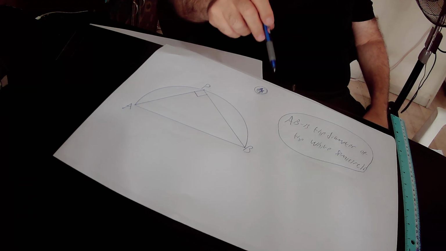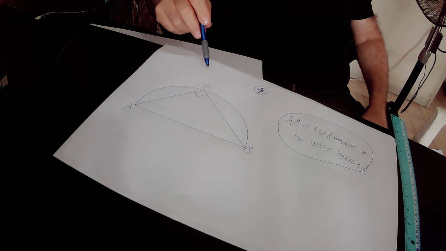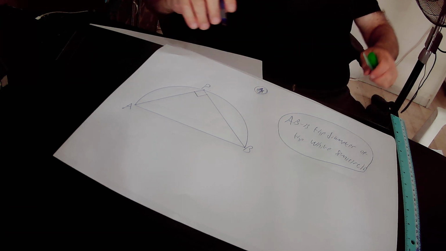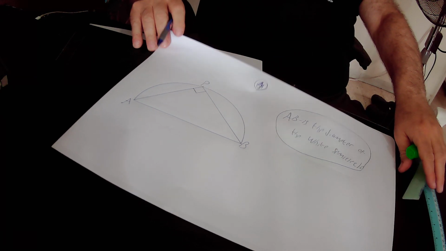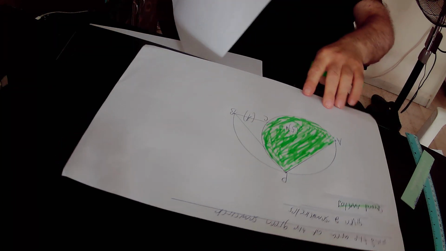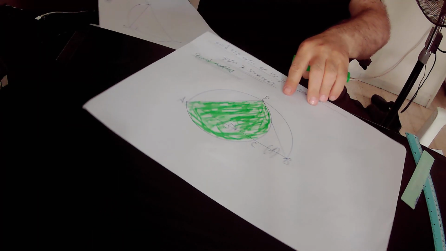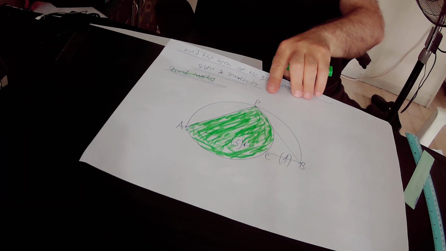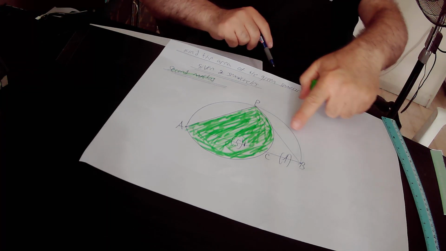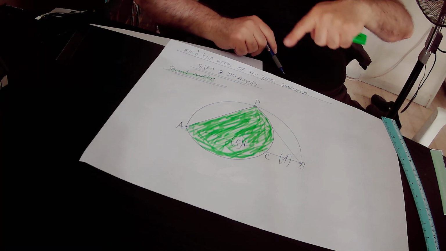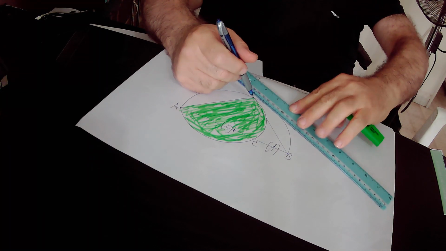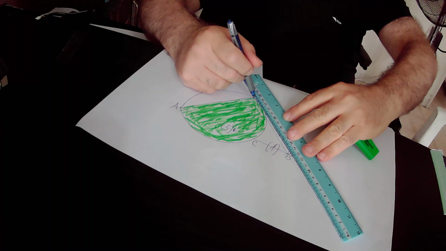So we have here that BP is perpendicular to PA. Again, BP is perpendicular to PA. So here, this is BP and it is perpendicular to PA.